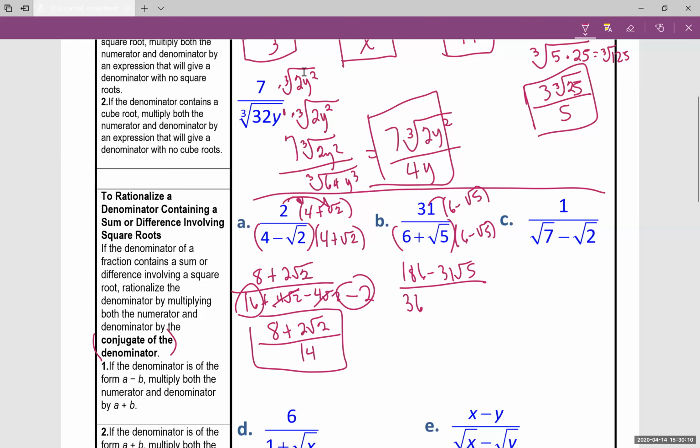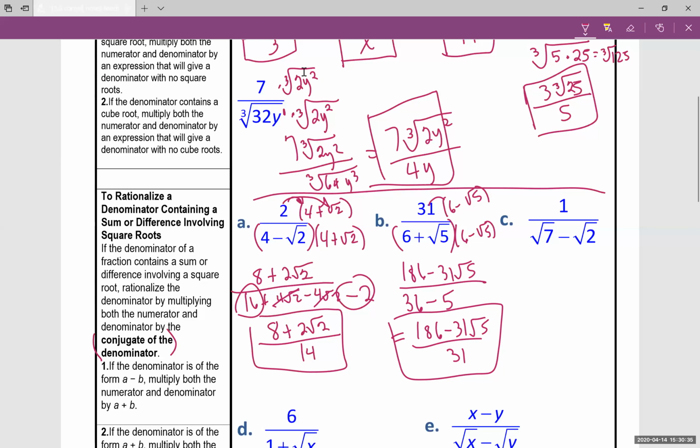My middle terms are going to cancel each other out. And my last two terms, because minus and minus, square root of 5 times negative square root of 5 is just minus 5. So you get a little bit quicker at these. My final answer on this one is 186 minus 31 square root 5 divided by 31. All right.